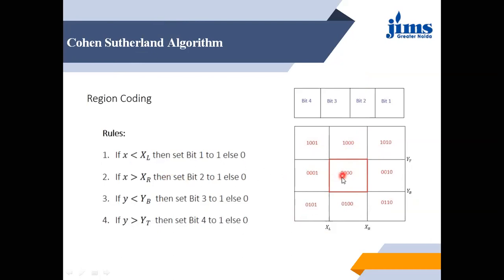Suppose I consider a point inside the window. It is not to the left of XL, so the left bit is 0, and it is not to the right of XR, so the right bit is 0. The below bit is also 0 because it is not below YB, and the above bit is 0 as it is not above YT.